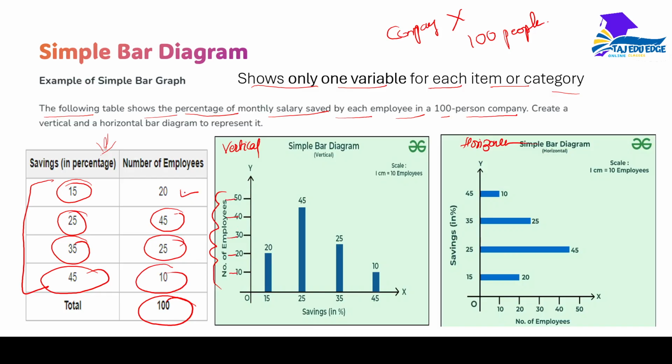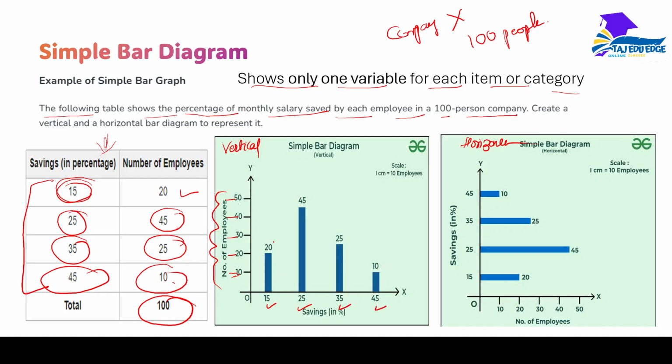The maximum number you can see here is 45, so the maximum number we have taken here is 50. The minimum number is 10. Like that we can draw it. Later, how many employees are saving in each category? This is the percentage of savings: 15%, 25%, 35%, 45%.